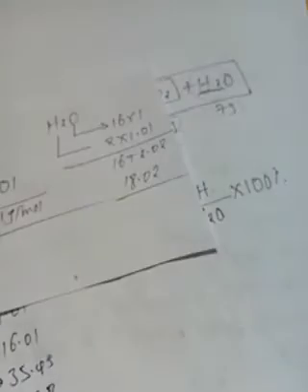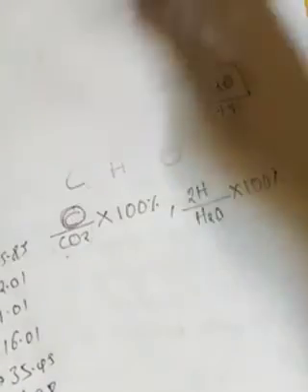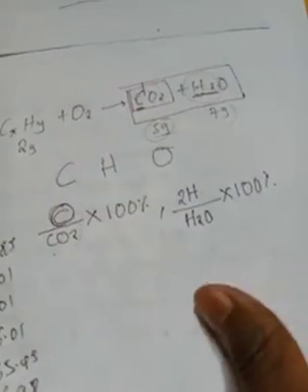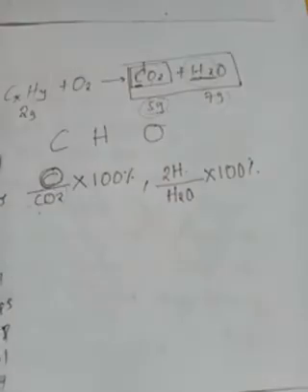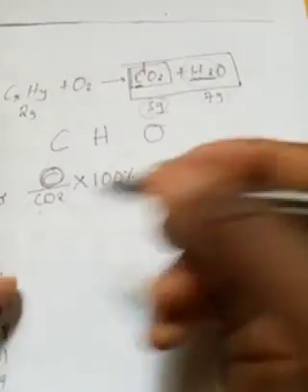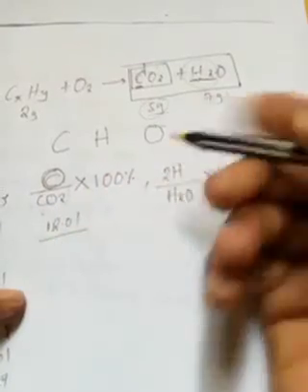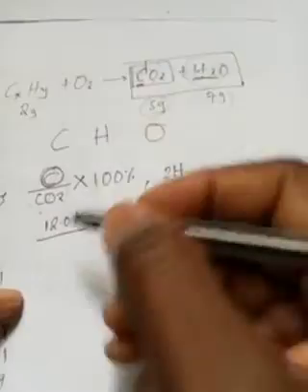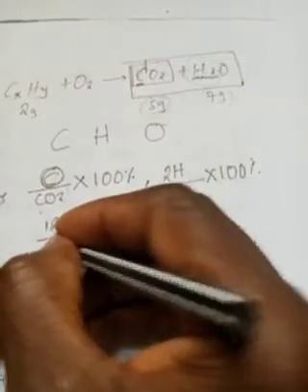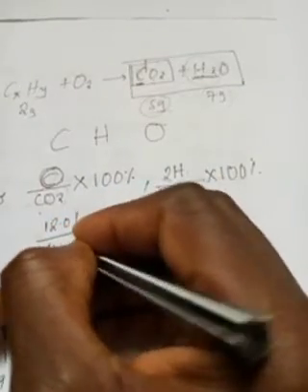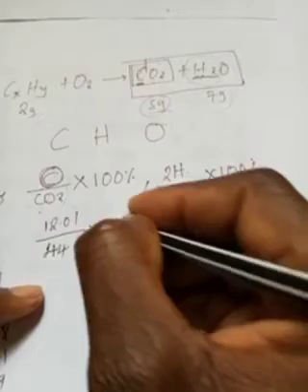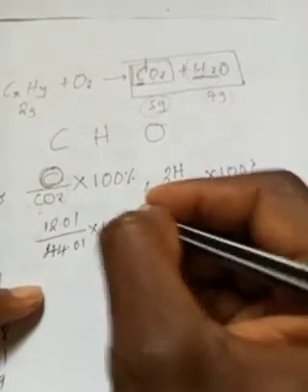This becomes the mass of water. I'll just put this on top a bit. You proceed. You come to carbon. You say 12.01 over the molar mass for carbon dioxide we found, which is 44.01. You multiply this by 100%.